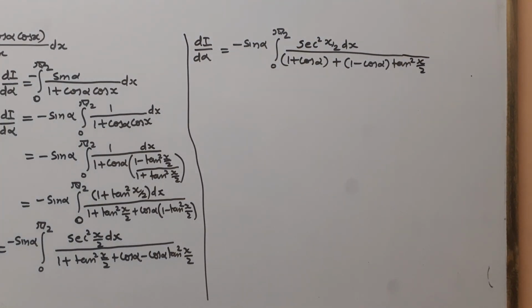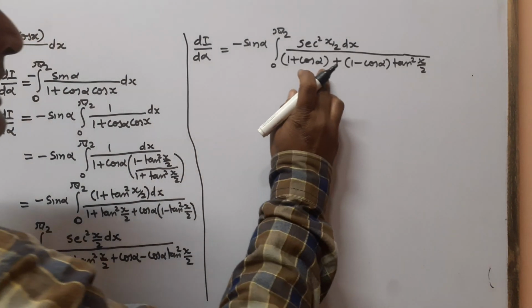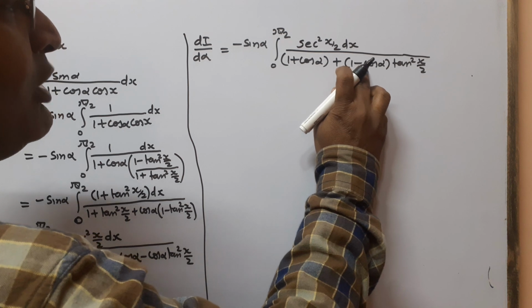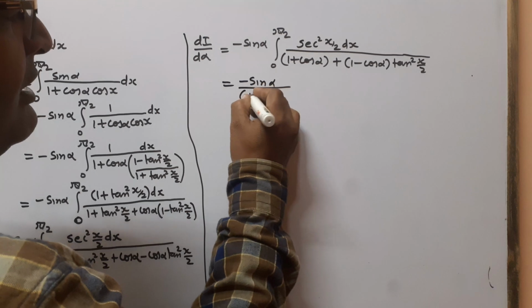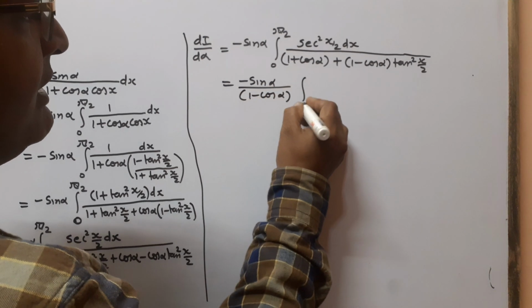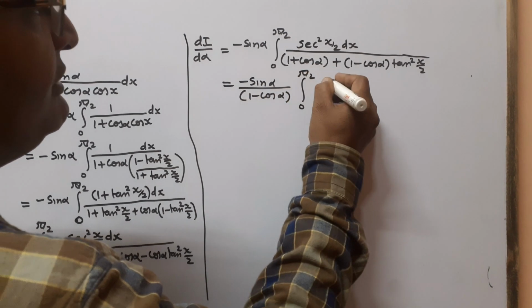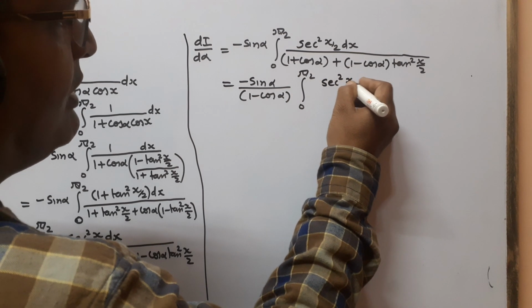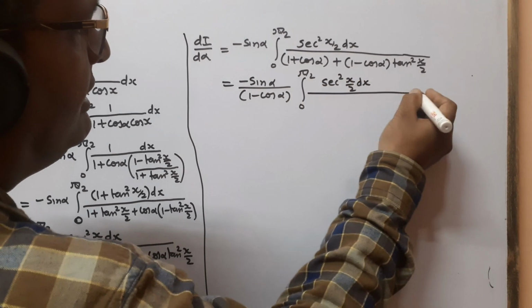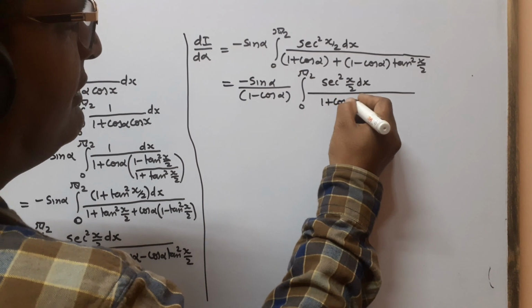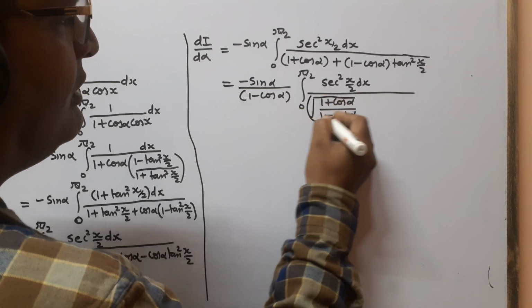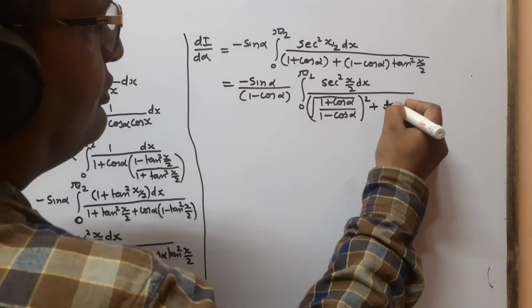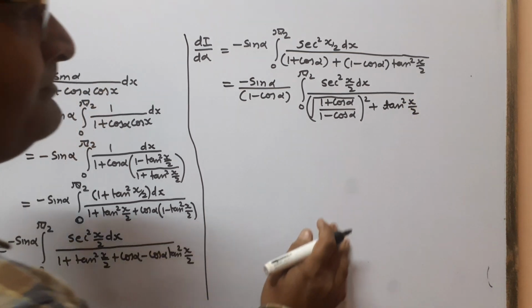Here we take common tan square x by 2 in the denominator, and now we take common 1 minus cos alpha. So here we can write minus sin alpha upon 1 minus cos alpha integration between the limits 0 to pi by 2 of sec square x by 2, dx, divided by the square of under root of 1 plus cos alpha upon 1 minus cos alpha, plus tan square x by 2.